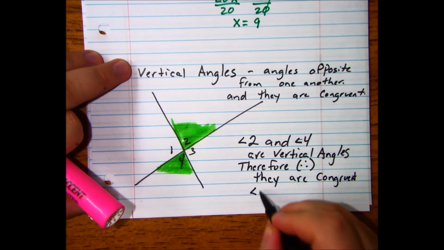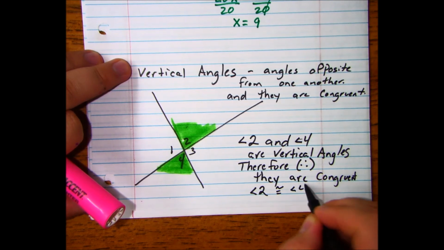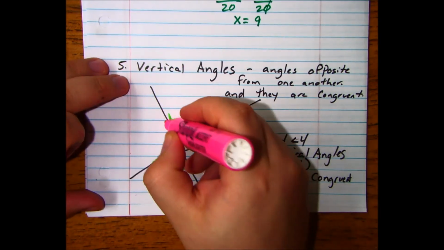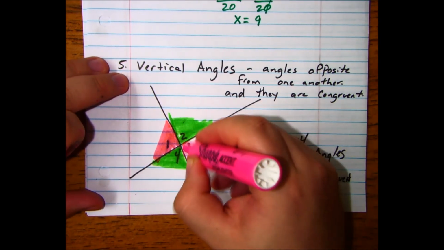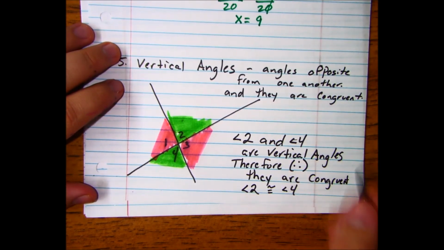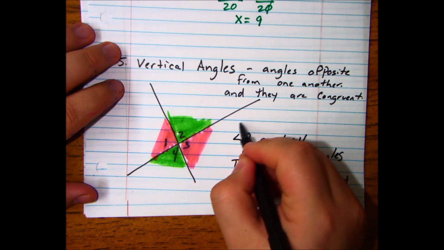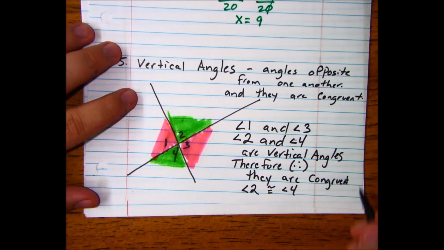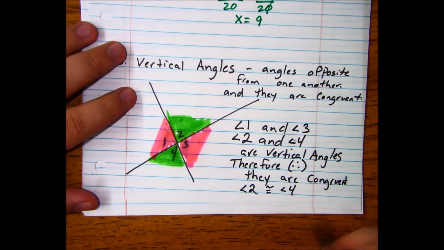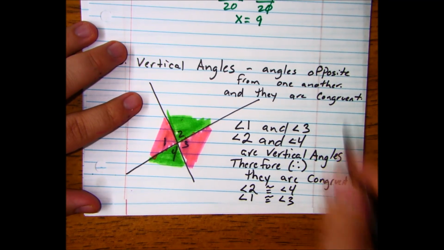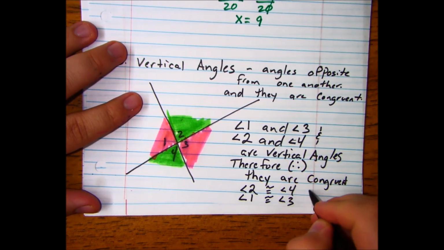So, angle 2 is congruent to angle 4. Likewise, our other pair of angles, angle 1 and angle 3, are vertical angles, therefore they are congruent. So angle 1 is congruent to angle 3.